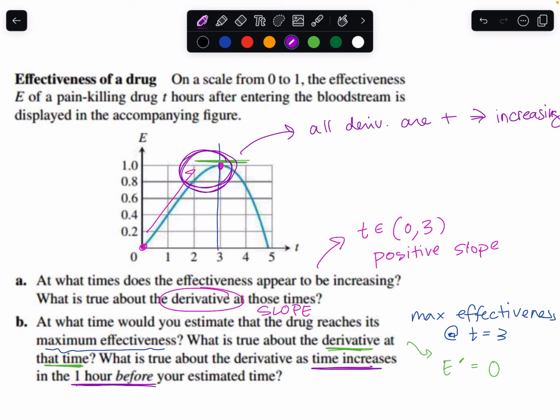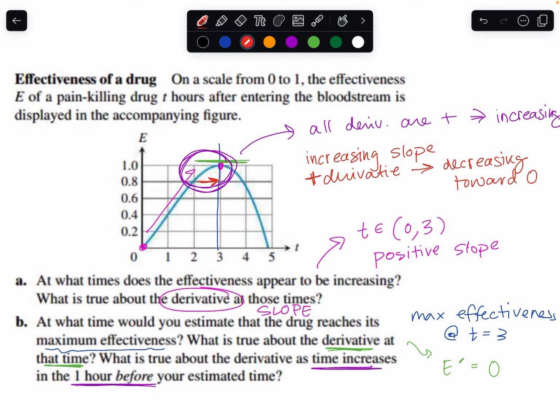So in this 1 hour from 2 to 3, the positive derivative is decreasing toward 0.